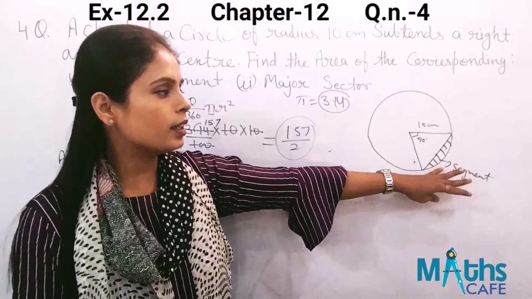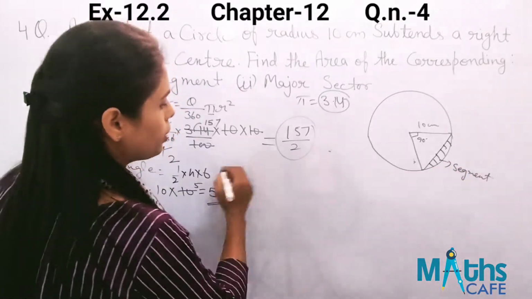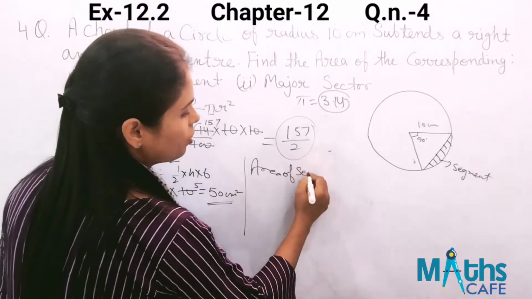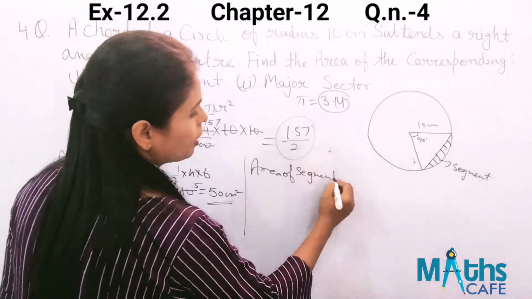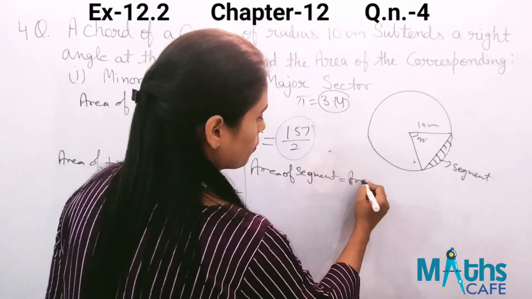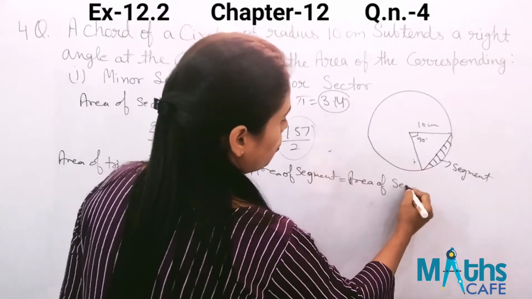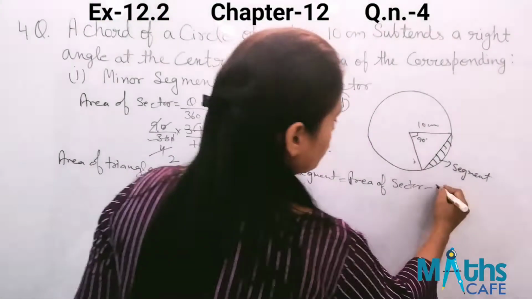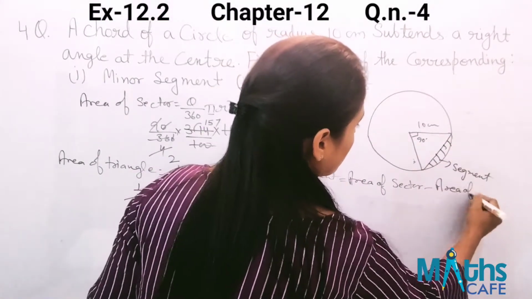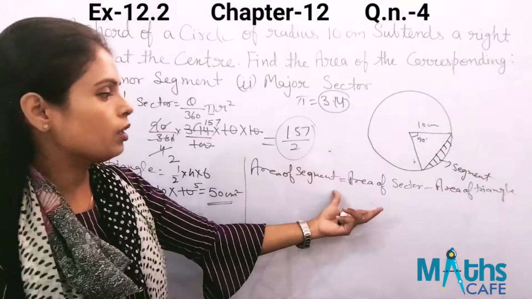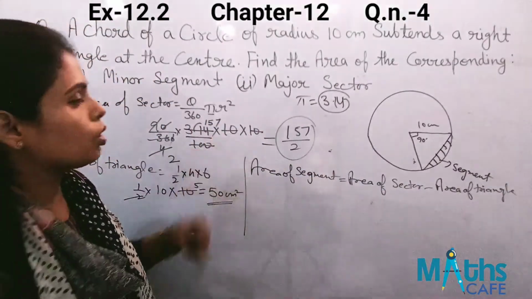Now we have to find this segment. So just simply write: area of segment is equal to area of sector minus area of this triangle. So just simply fill in the values which we got after the solution.